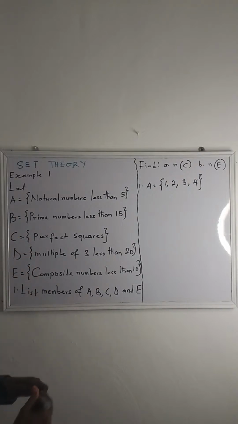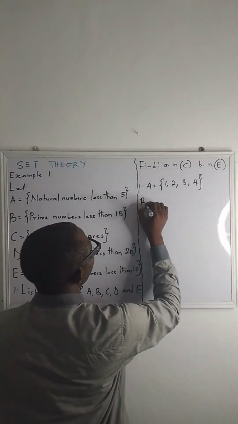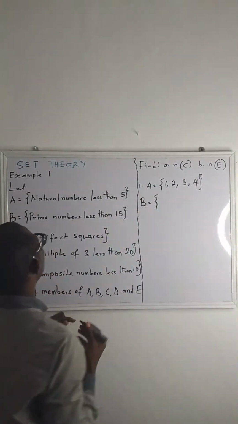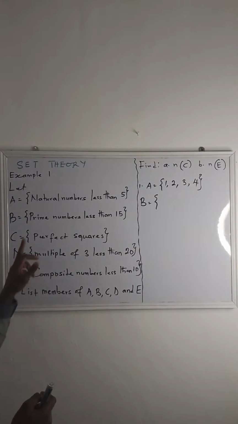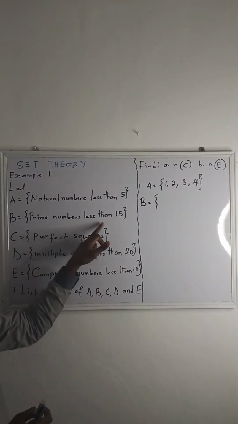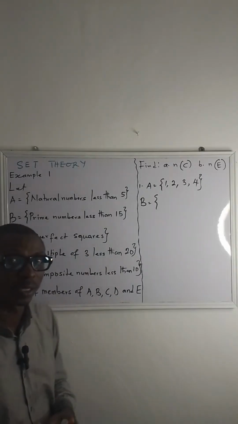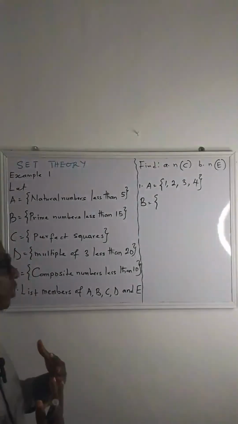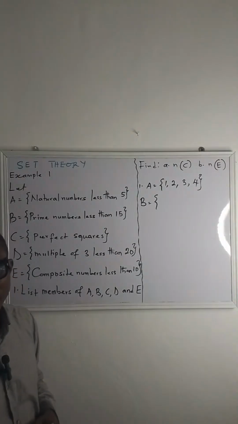Now let's look at the second one, B. B is the set of prime numbers less than 15. I must know what a prime number is. What did we call a prime number the last time we defined it? We said prime numbers are natural numbers that have only two distinct divisors, or only two distinct factors.